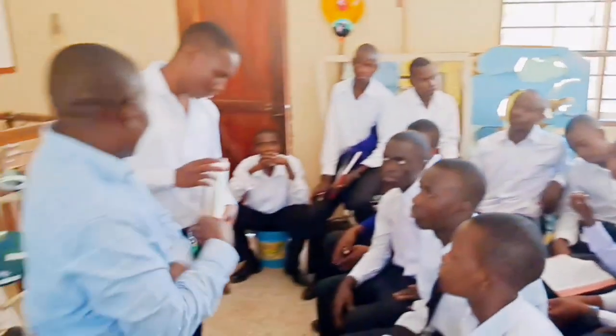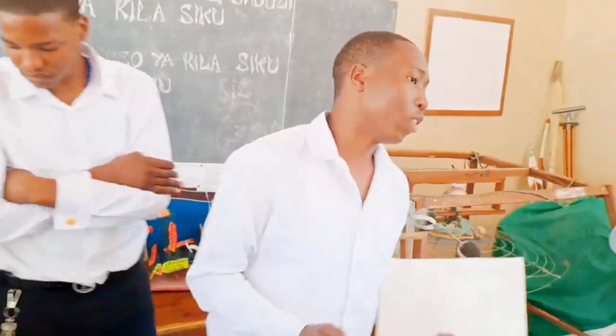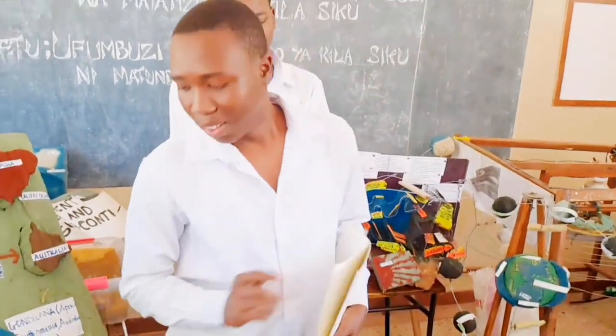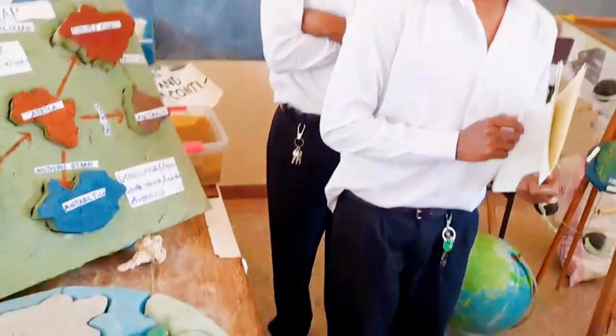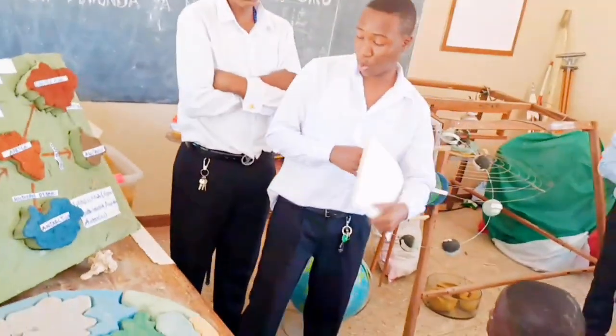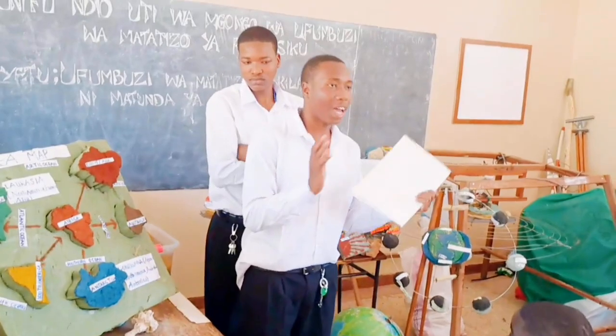Do you have additional? Okay, good. This Pangaea was not flat, because the earth is a sphere. So this Pangaea was an island.